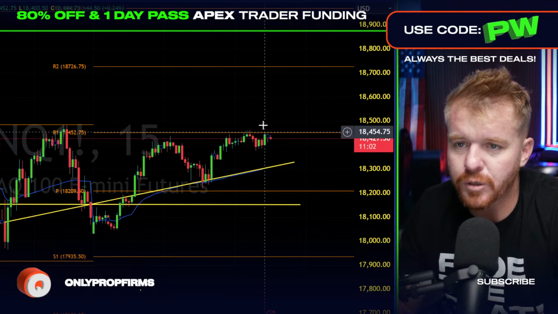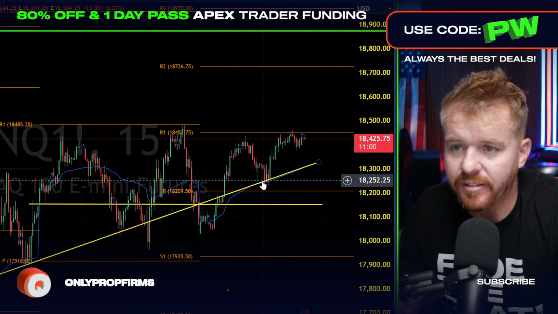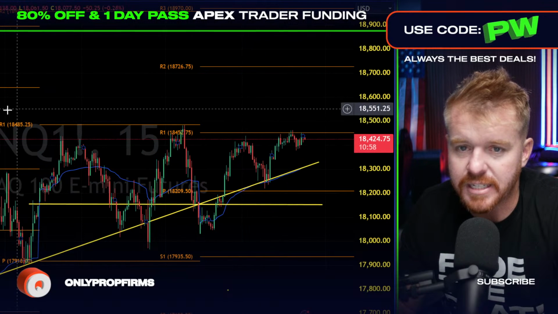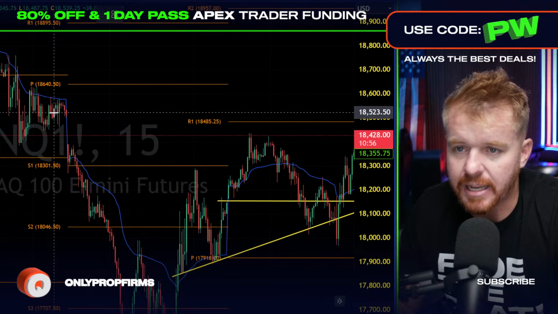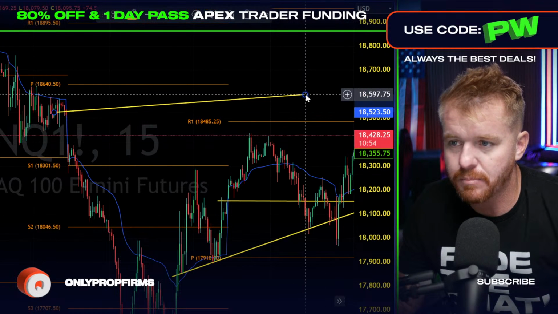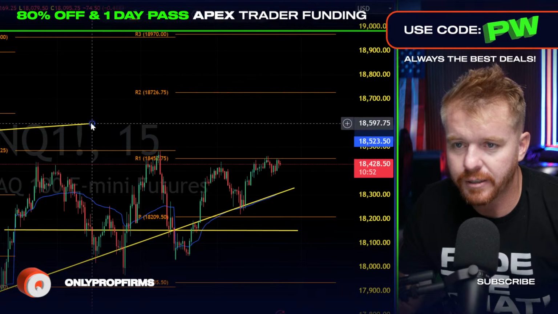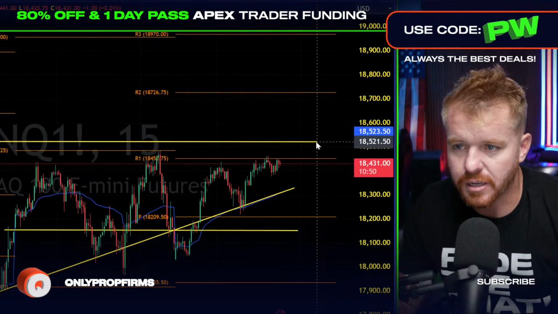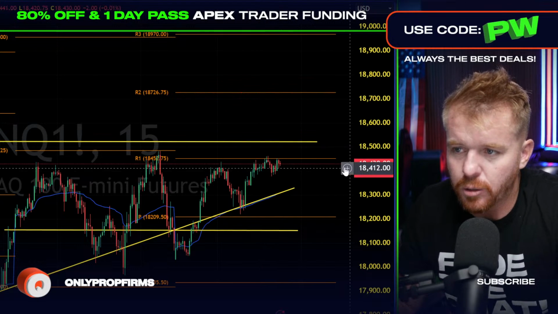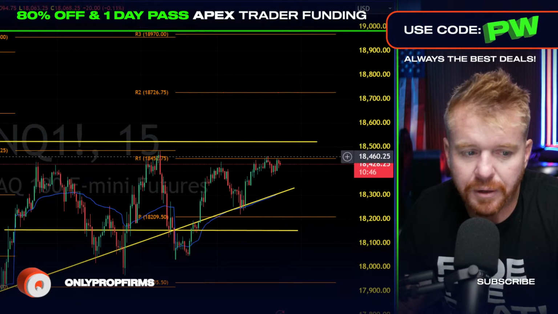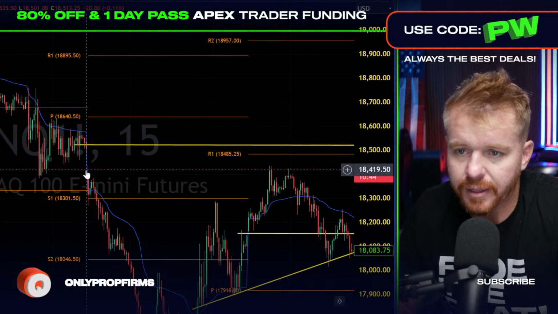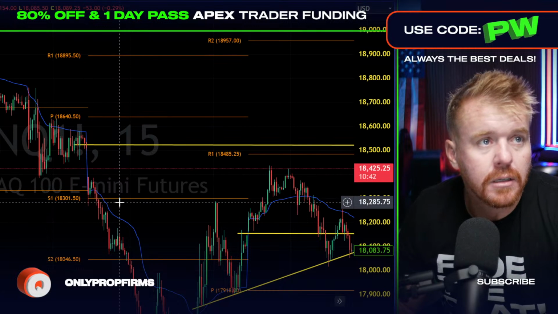So 452 resistance. After that, 18,726, to get the Sunday gap fill here. This yellow line would be basically the Sunday open, the gap there.